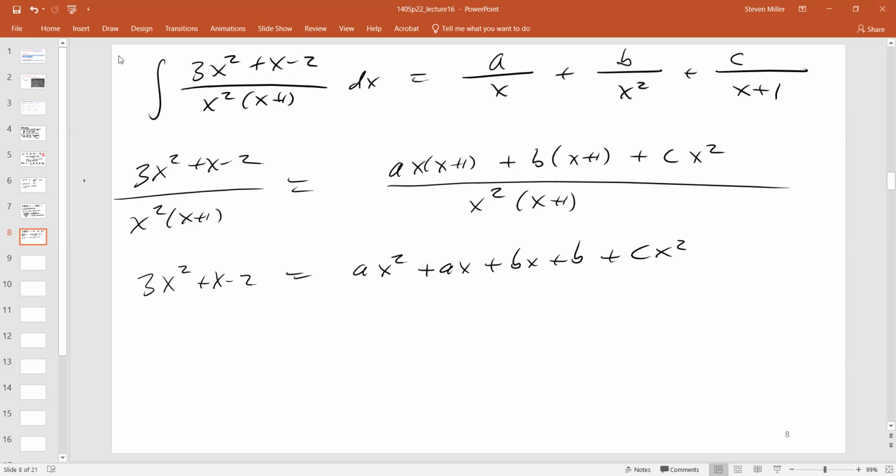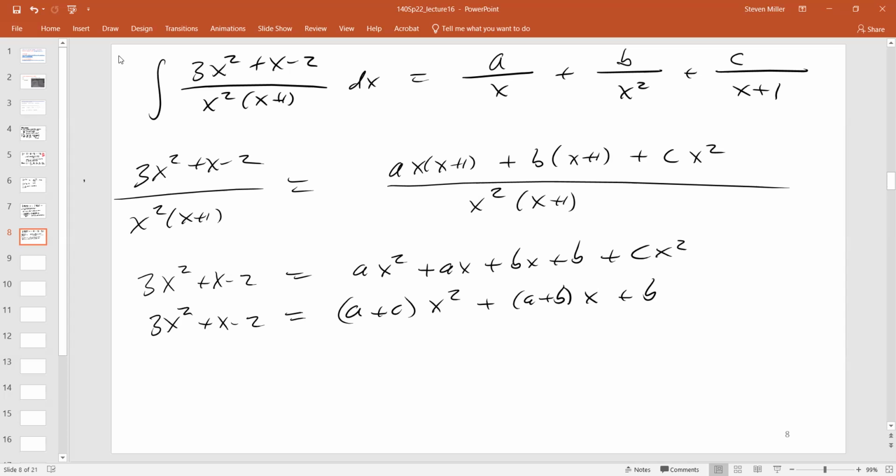So the numerators have to be the same. And so I just get a common denominator. And now that I have a common denominator, I now just simplify things. So this is 3x squared plus x minus 2 equals a plus c times x squared, plus a plus b times x, plus b.